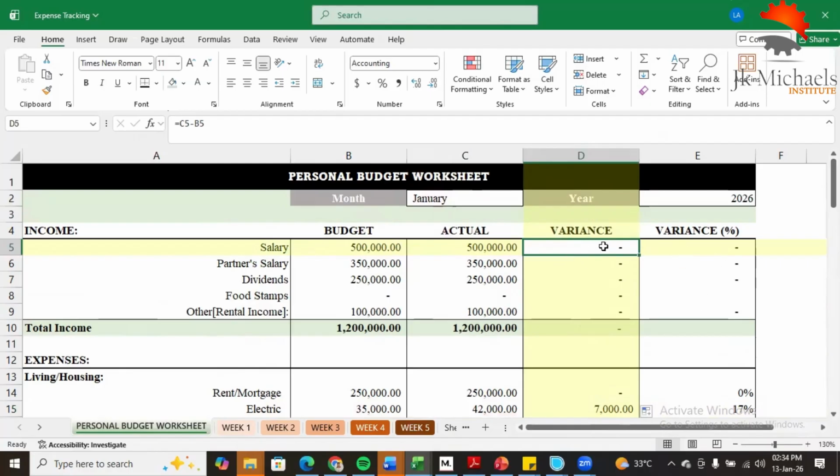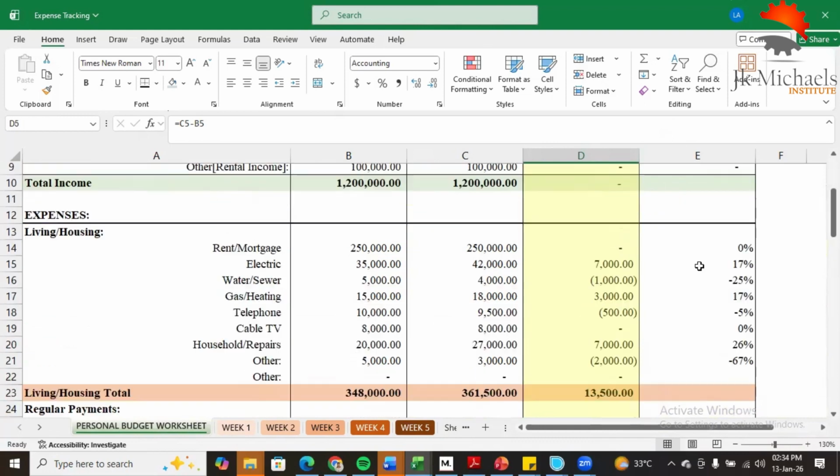Sorry, variance is actually actual minus budget.